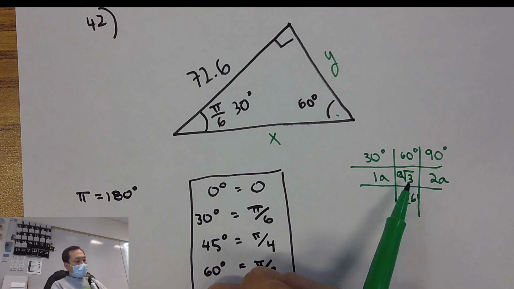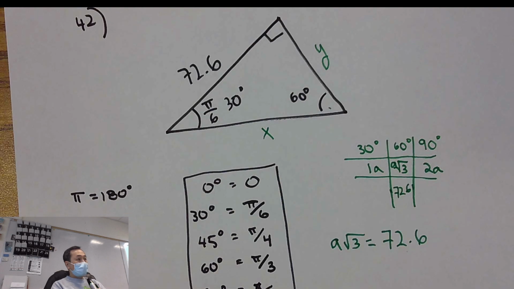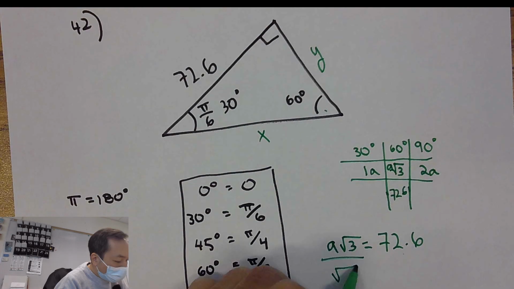So since a rad 3 equals 72.6, now I know that these guys are equal to each other. So a square root of 3 equals 72.6. I solve for a by dividing by square root of 3 on both sides.